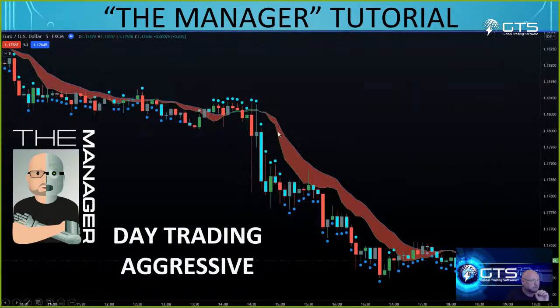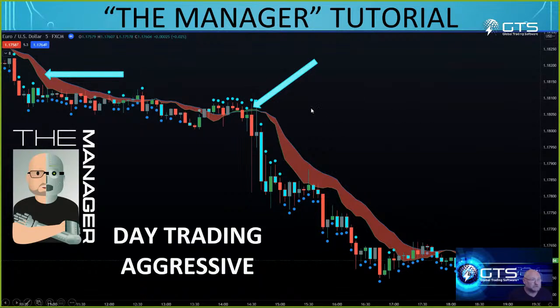Okay, now this is the same chart, but with the aggressive setting. Now you can see right at the outset, we're still red on the bias there, but look here, you see how the bias fleetingly changes to green. So if this is on the 5-minute time frame and you're not going parabolic, you need to be on moderate.